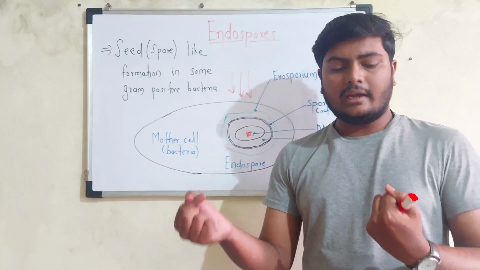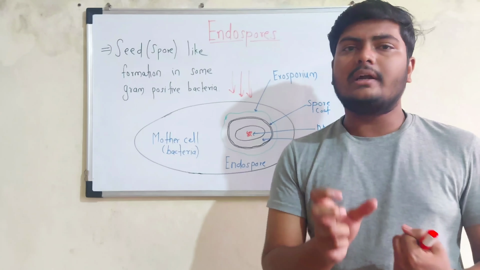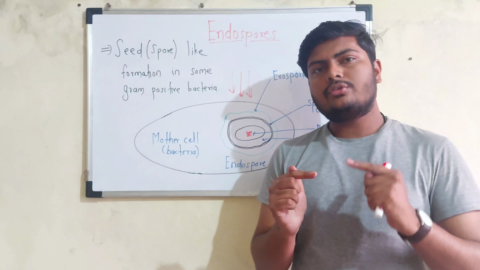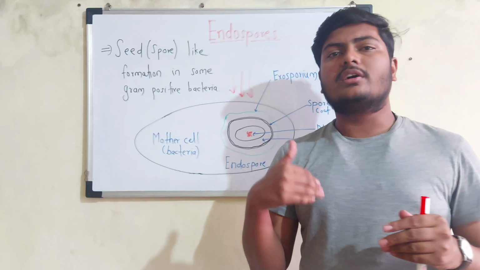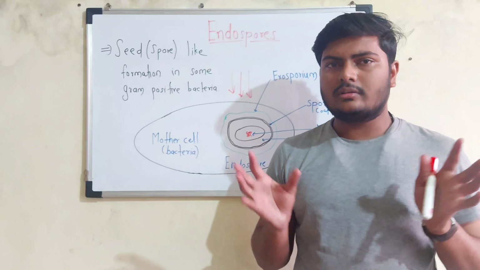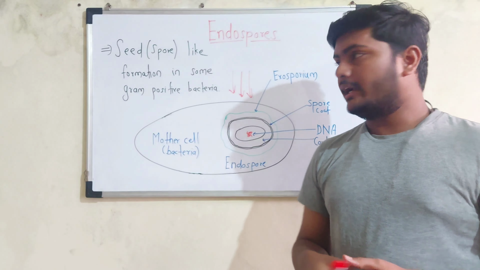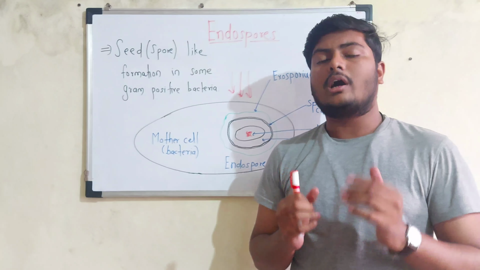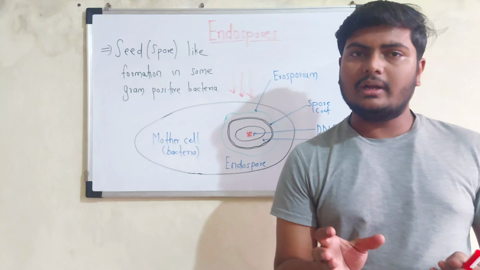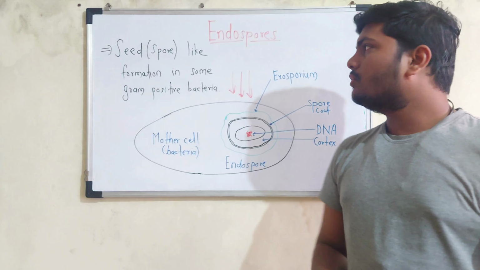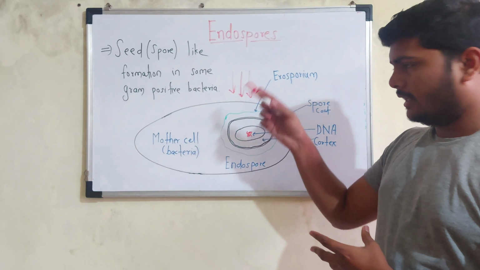When they get inside our body, they get optimal conditions, so they produce a vegetative bacterial cell which will cause us tetanus. So this is an example of an endospore: it can transform into a vegetative bacterial cell when it gets suitable conditions to survive. So this is all about the endospore.